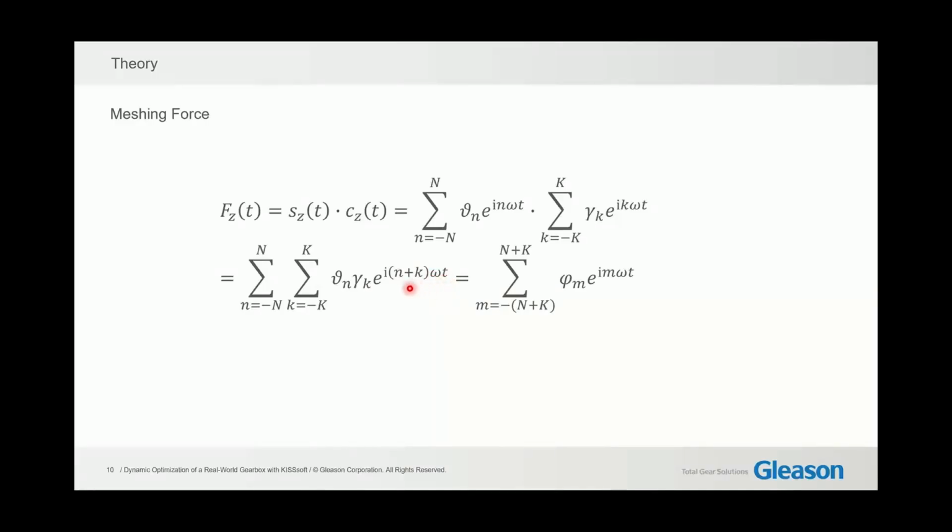So what in the end we accomplished is we had two sums running from minus n to n and minus k to k. And now we have a new sum that is running from minus (n plus k) to n plus k. So we added additional frequencies that consist of the combinations in this exponent of the individual frequencies we've put into that product.